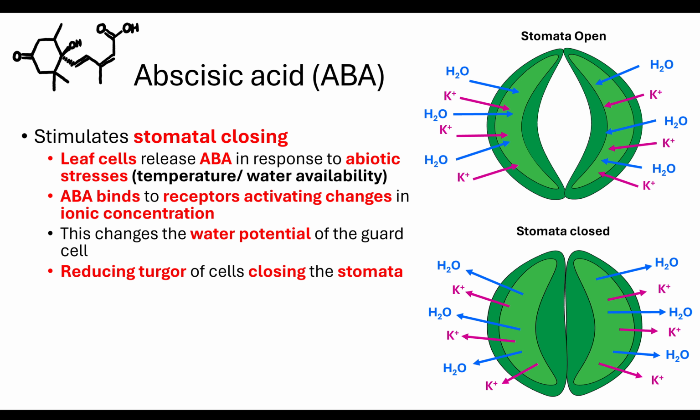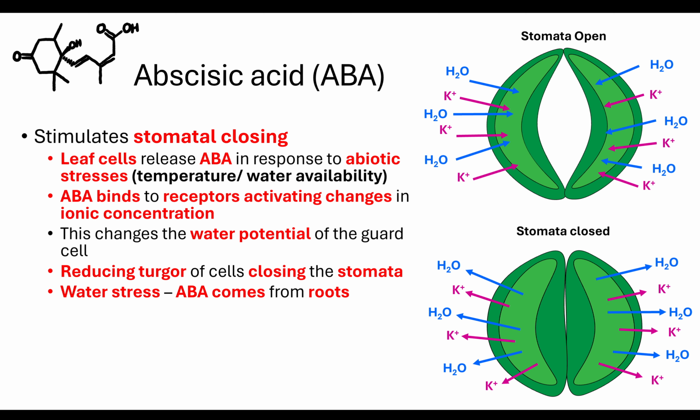therefore reducing the turgor of the cells and closing the stomata. So it's important that we note that ABA is a hormone that is released in response to this abiotic stress. That abiotic stress, that water availability, and the increase in temperature. Now, the leaf cells release the ABA, but what we now know is actually the roots also release ABA.